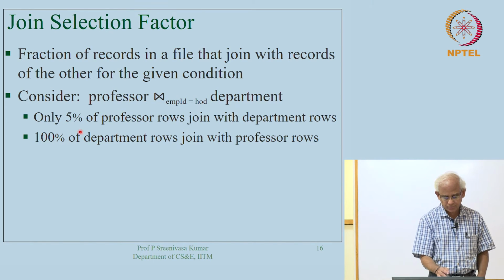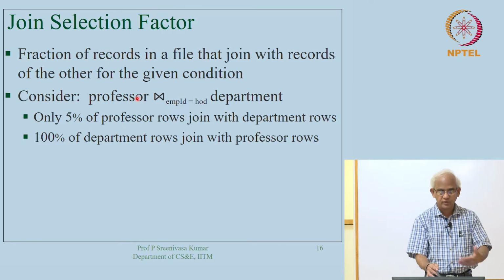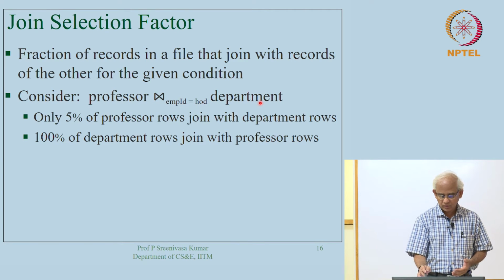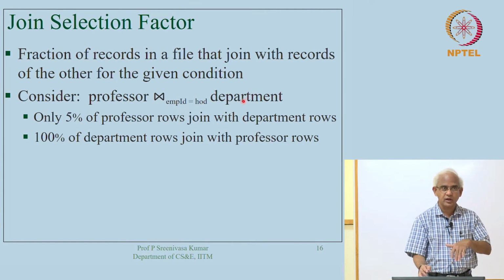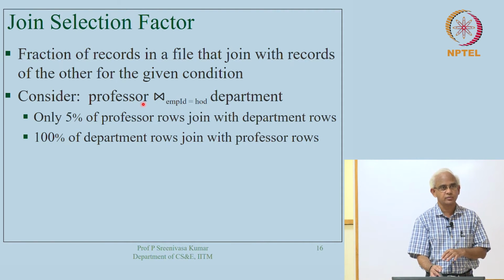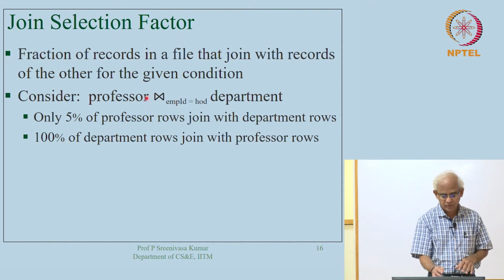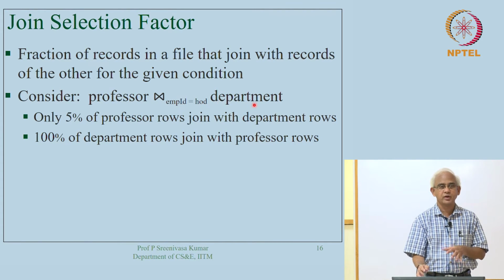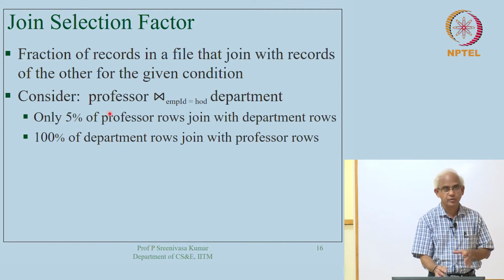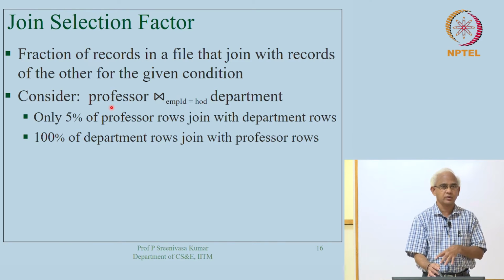Now you can see that from the domain we have some information about this equijoin. Every department has to have a HOD, and that has to be a professor, and every professor need not be a HOD of some department. So if you have some 500 professors and only 25 departments, only 5% of the professor records will actually have a matching department record.